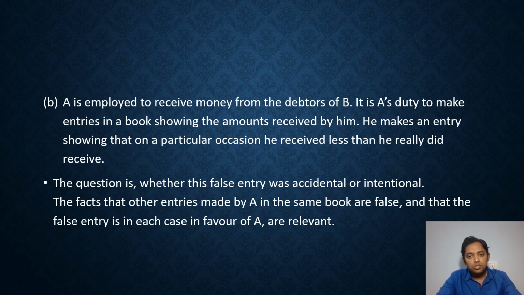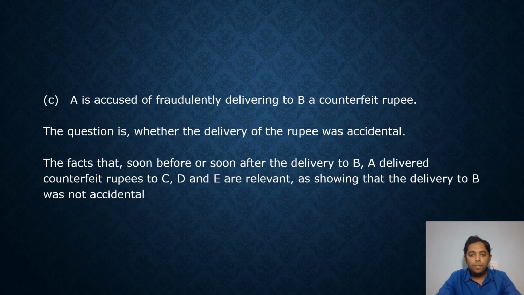A is employed to receive money from the debtors of B. It is A's duty to make entries in a book showing the amounts received by him. He makes an entry showing that on a particular occasion he received less than he really did receive. The question is whether this false entry was accidental or intentional. The facts that other entries made by A in the same book are false, and that the false entry is in each case in favor of A, are relevant.